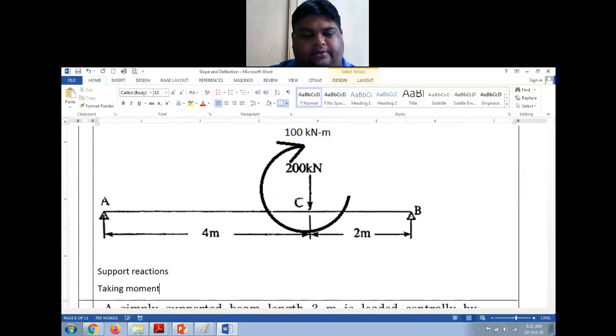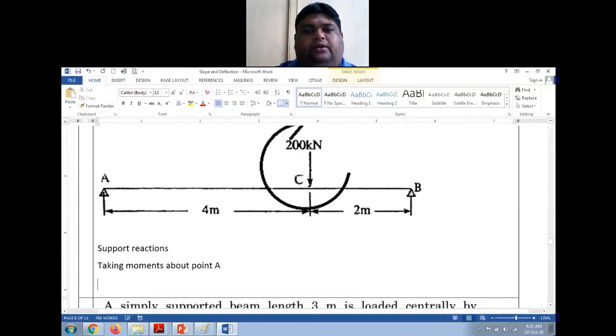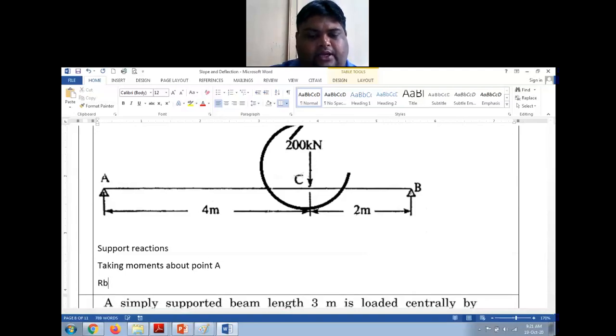Taking moments about point A. Now I'm taking moment at this point. So from here I will have RB into 4 plus 2 is 6 meter minus 200, that is this force at C, into 4 meter.